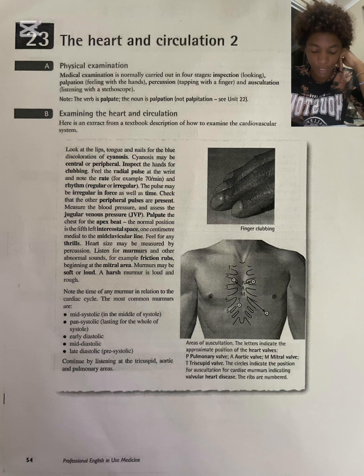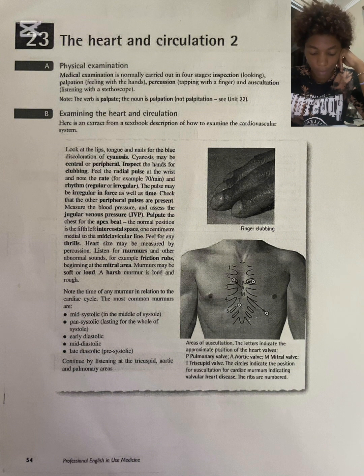Look at the lips, tongue, and nails for the blue discoloration of cyanosis. Cyanosis may be central or peripheral. Inspect the hands for clubbing.